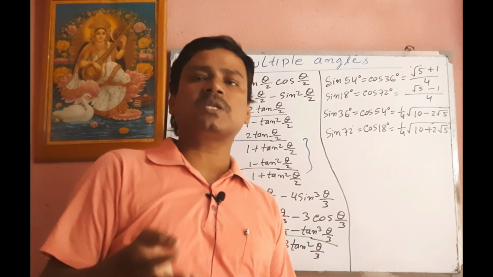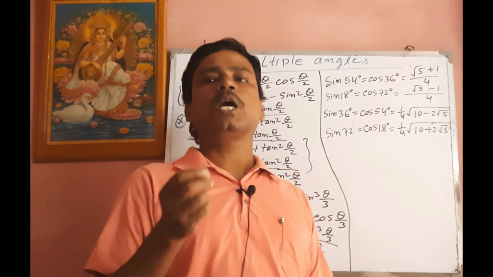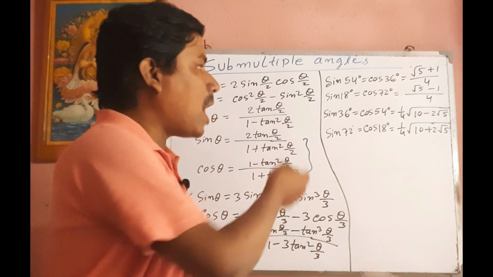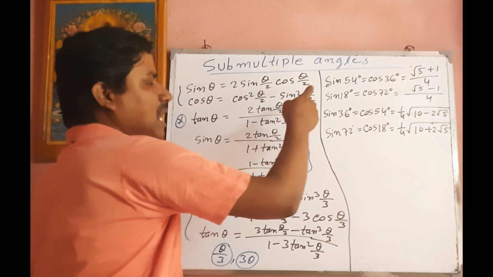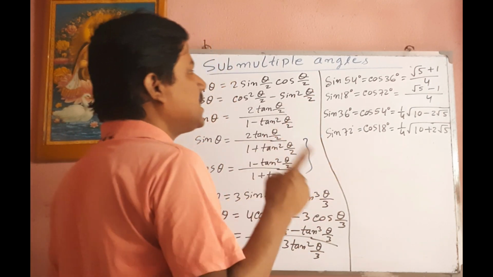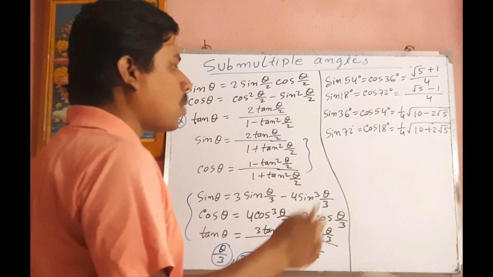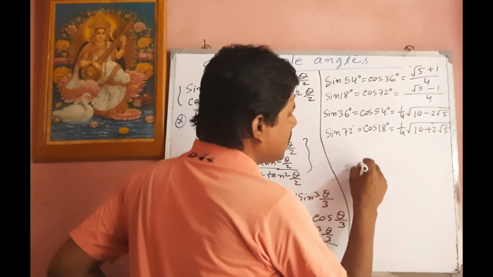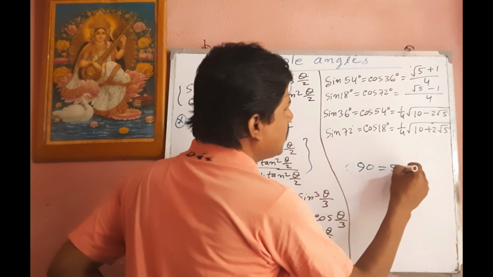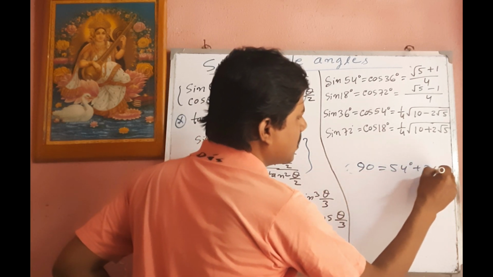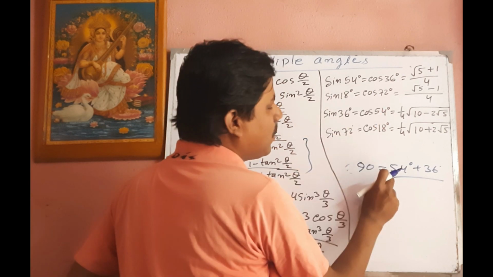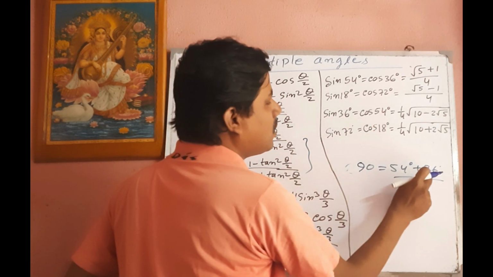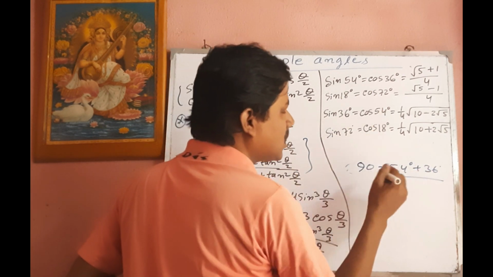In this chapter some standard values of sine and cos are given. Sine of 54 is equal to cos of 36. Why do we write this? Because 90 means 54 plus 36. That is why sine of 54 has the equivalent value of cos of 36.